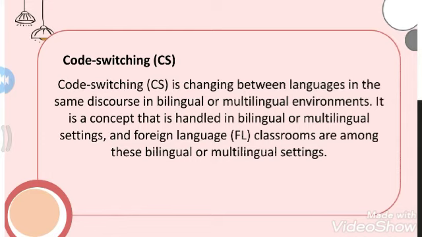Before that, we have to know the definition of code switching itself. Code switching is changing between languages in the same discourse in bilingual or multilingual environments. It is a concept that is handled in bilingual or multilingual settings, and foreign language classrooms are among these bilingual and multilingual settings.